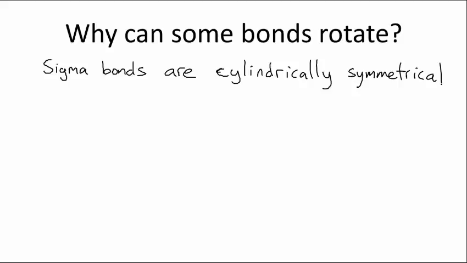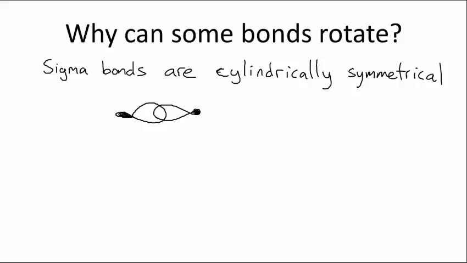Meaning you've got two orbitals on neighboring atoms pointed at each other along one axis, and if you rotate along that axis, they're still overlapping.